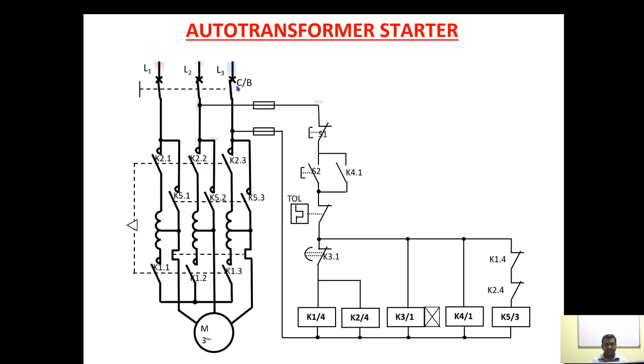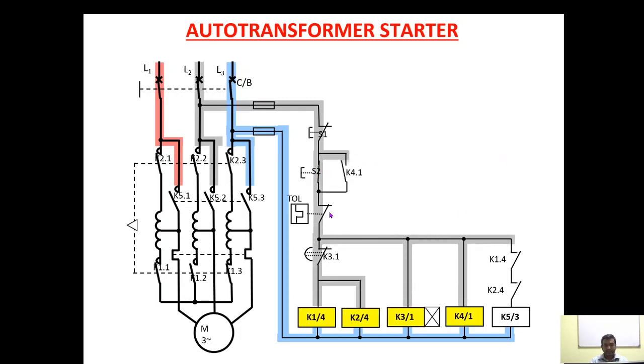Initially the circuit breaker is closed so that the supply is available to the respective terminals. Then when we push the start push button, contactors are energized. Now the supply is available to the tapping transformer, and the motor starts.